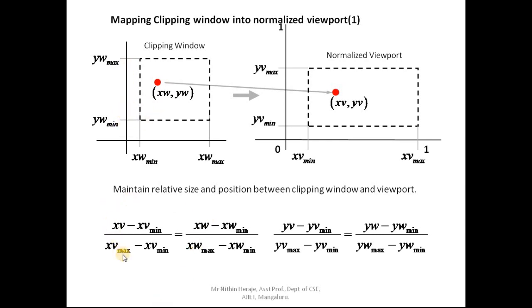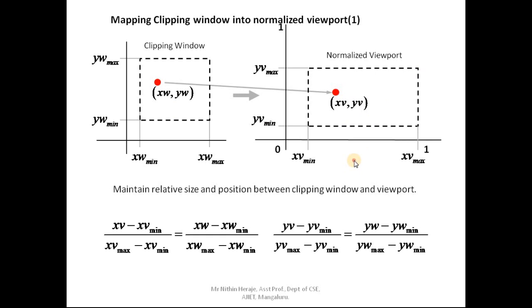So this formula gives you the relation between the clipping window in the world coordinate and the clipping window in the normalized viewport. Okay, I hope you're clear with this.